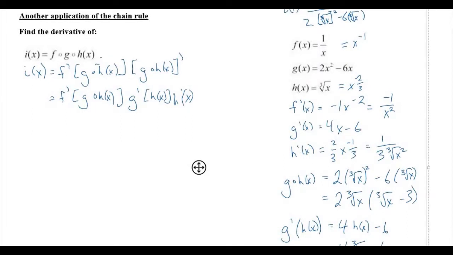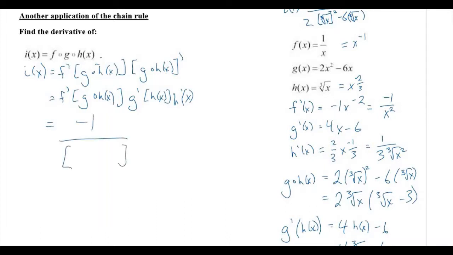But I want to focus on the simplifying process because that's where this one gets really messy. So for this one, now that we have our chain rule and inside chain rule outlined, let's start plugging in the information we have here. So first thing is f prime of x. So f prime of x is negative 1 over x squared.